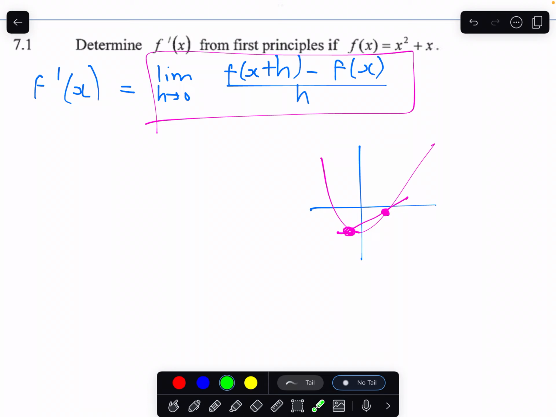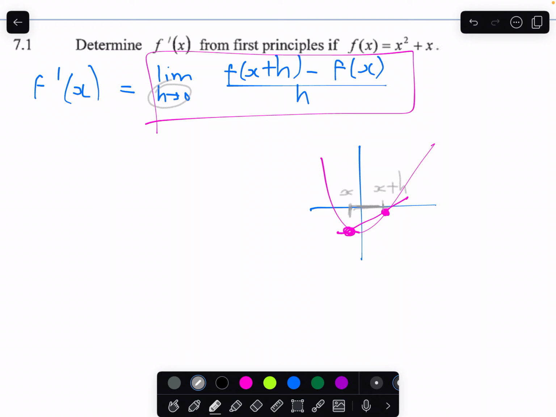If this is x, and this is x plus some distance h, we're trying to get this distance as small as possible. This is where the limit comes in. We're trying to make that h tiny, tiny, tiny.